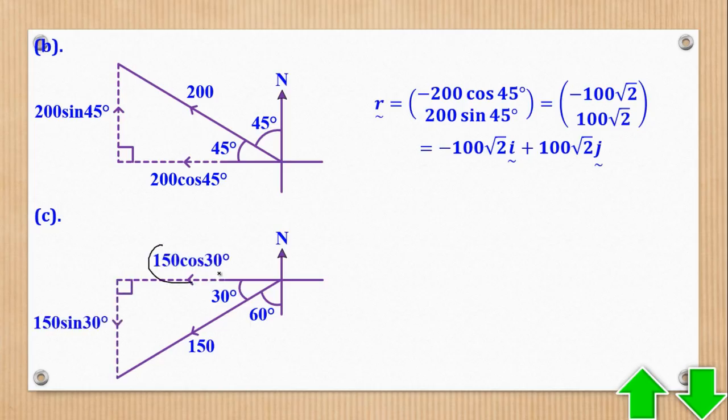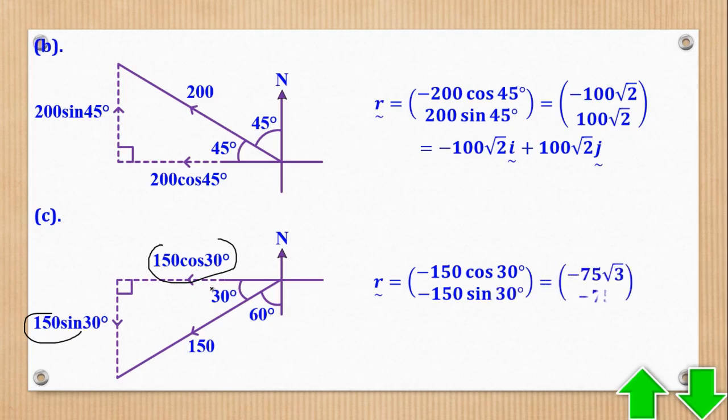So horizontally it is cos, vertically it is sine. Therefore I can write it in vector form. Now vector form, from our sign convention, horizontally it is to the left, which is negative, and vertically it is downward, which is also negative. That's why you see negative horizontal, negative vertical. So in ij form it will be like that.